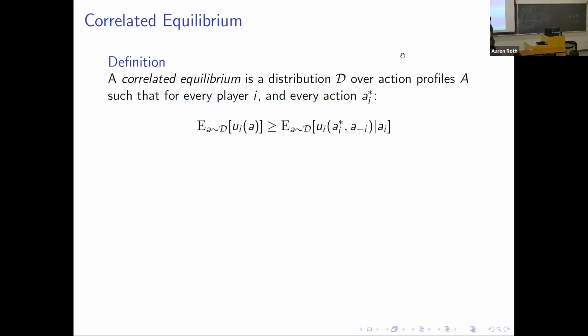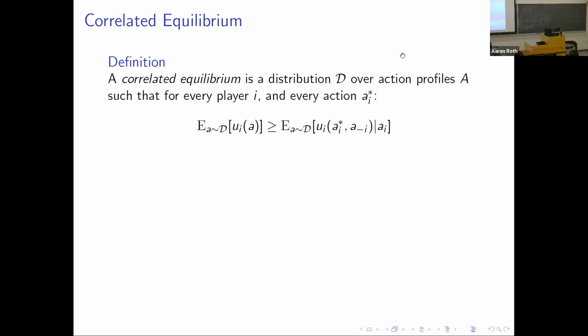Yes, so just like in a Nash equilibrium, the idea is it's a good idea for you to follow your part of it, assuming everyone else is following their part of it. Same here. It might be that if everyone else is zooming through the intersection, ignoring the traffic light, it might not be a good idea for you to go when it's green.